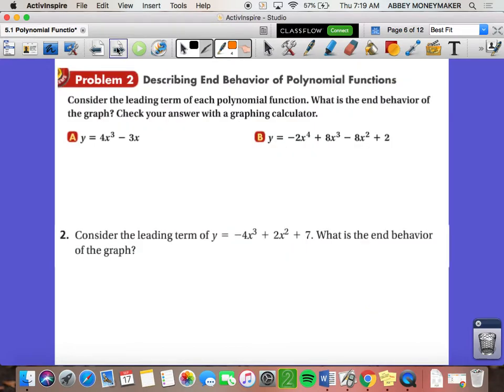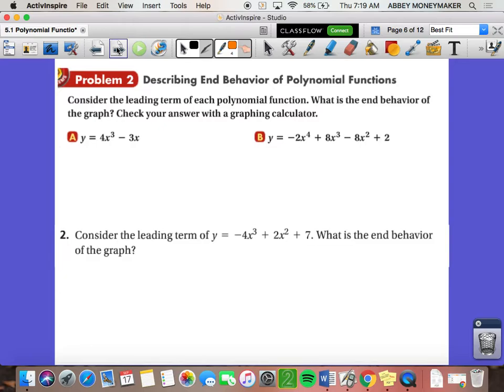So let's try putting that into play here on problem number 2. It says, consider the leading term of each polynomial function. What is the end behavior of the graph? And then you can check your answer by graphing it on your calculator. So let's first look at these questions and ask ourselves, is this in standard form? Because in order to determine end behavior, you have to be in standard form first.